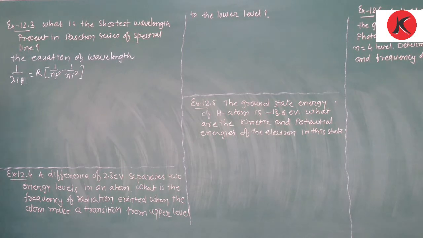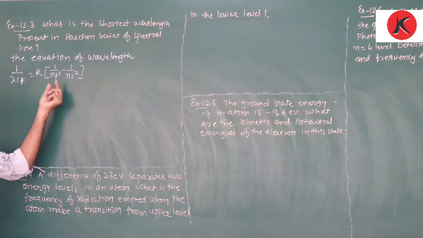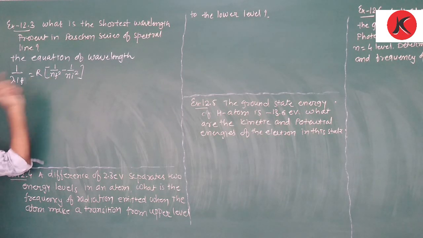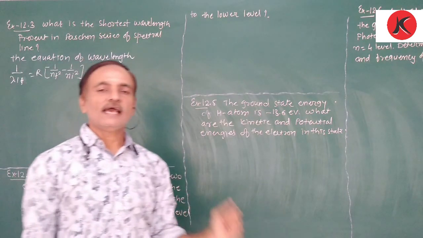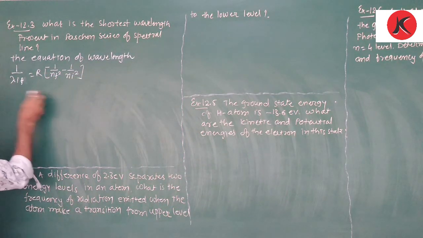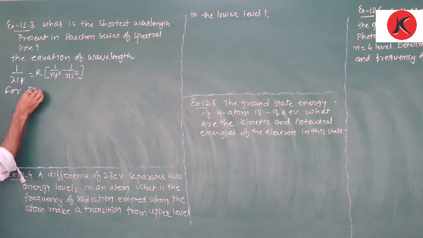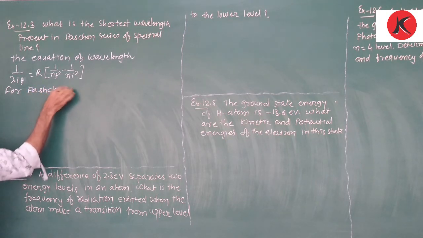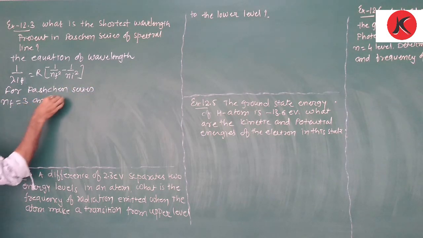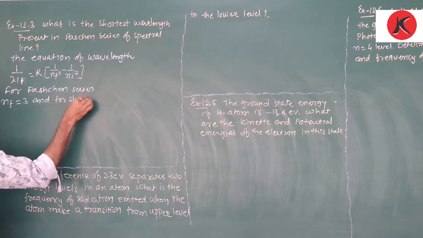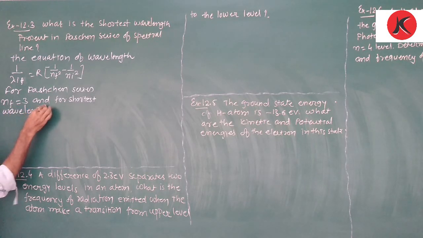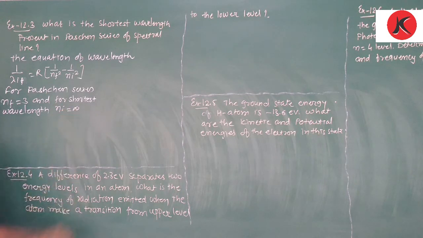Now we know that as we substitute the different values of nf as 1, 2, 3, 4 and 5, corresponding to these values we obtain the Lyman, Balmer, Paschen, Brackett and Pfund series. For the Paschen series, nf is equal to 3, and for the shortest wavelength, consider ni equal to infinity.